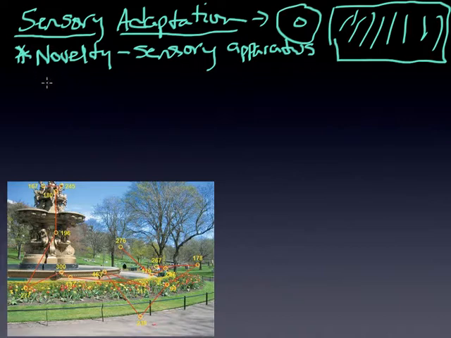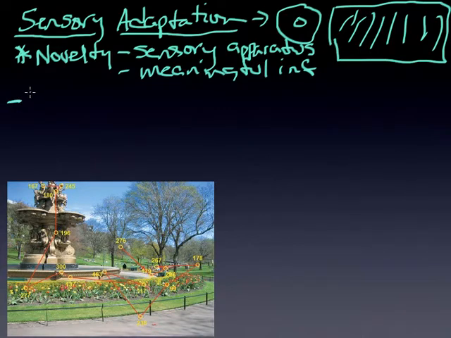So it's not just any information, it's meaningful information that is key. And if you're going to define sensory adaptation, what we're actually talking about here is a diminished sensitivity to constant stimulation. So it's diminished sensitivity.